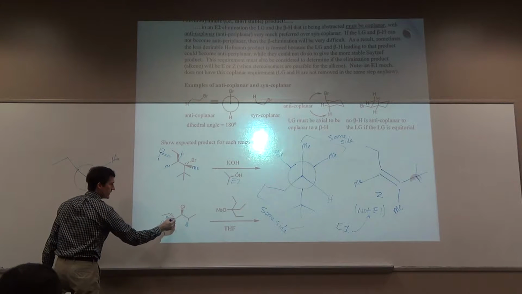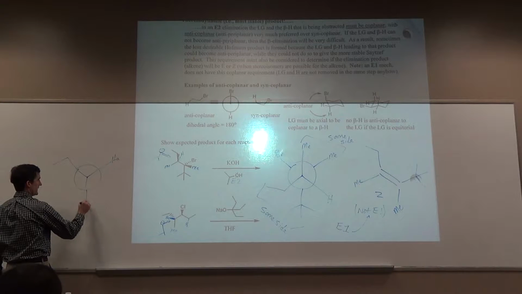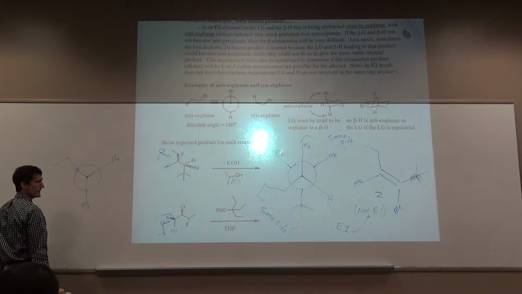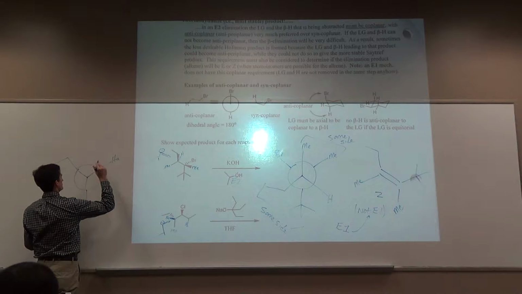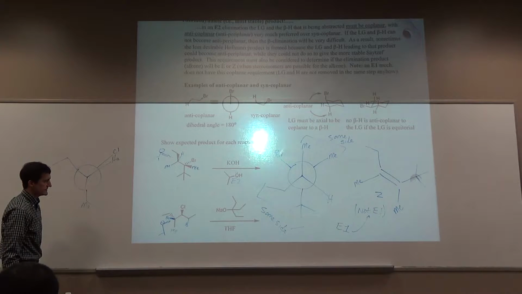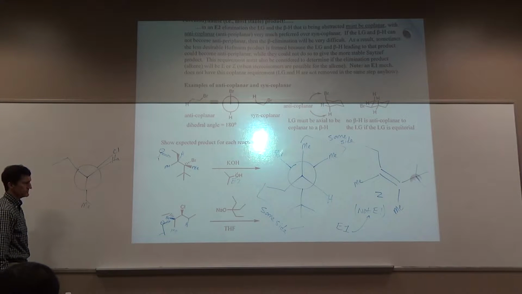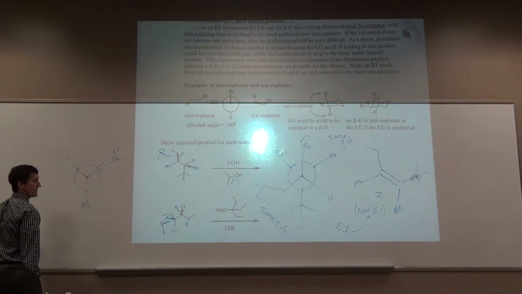Now on the second carbon, I see an ethyl coming straight down. I see a chlorine coming towards the right. And I see an H going back. We'll call that HX.